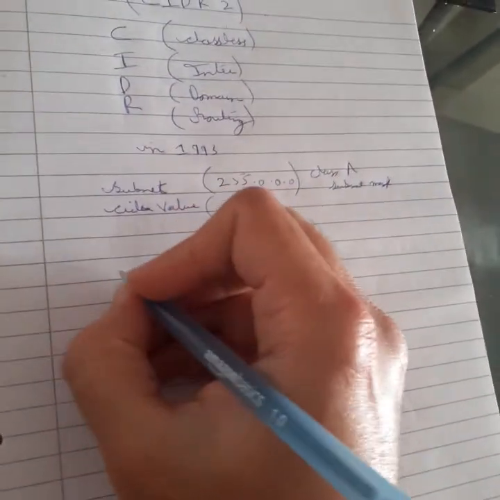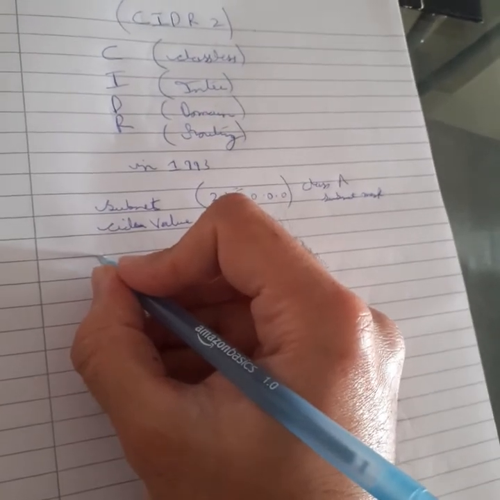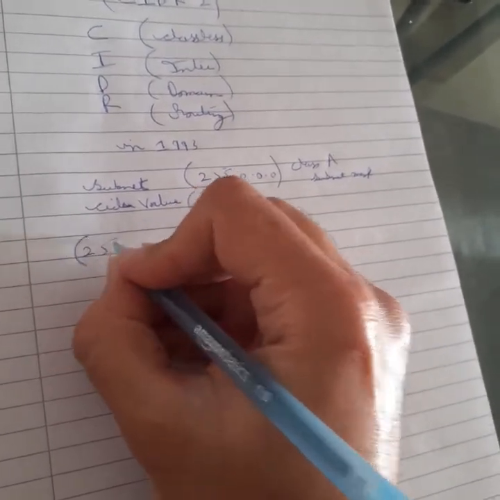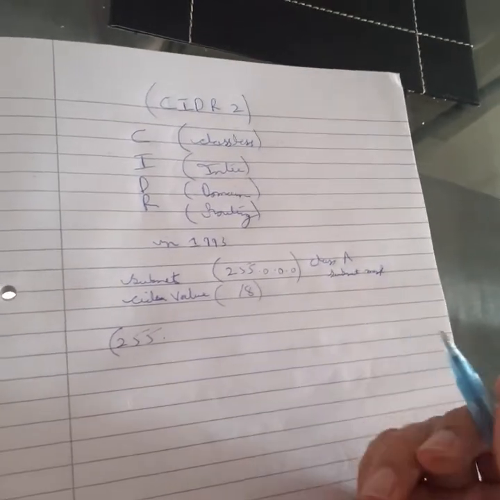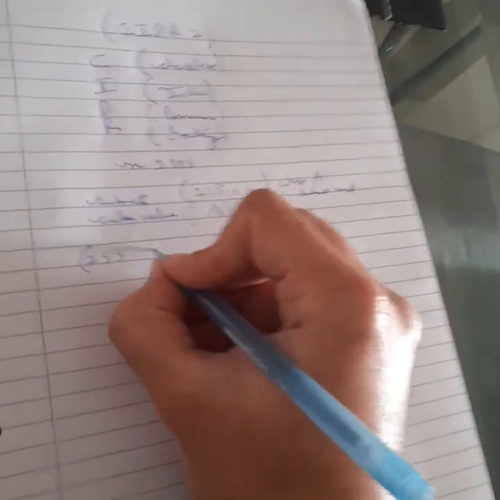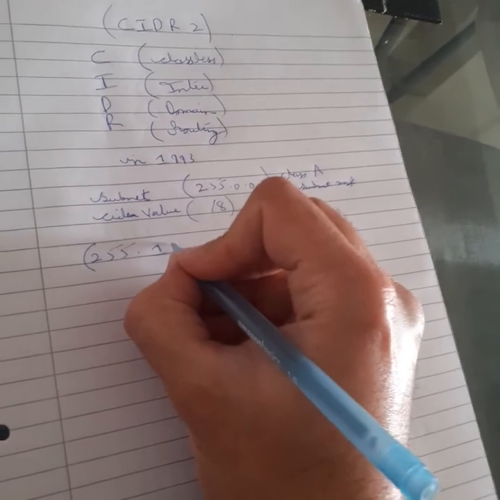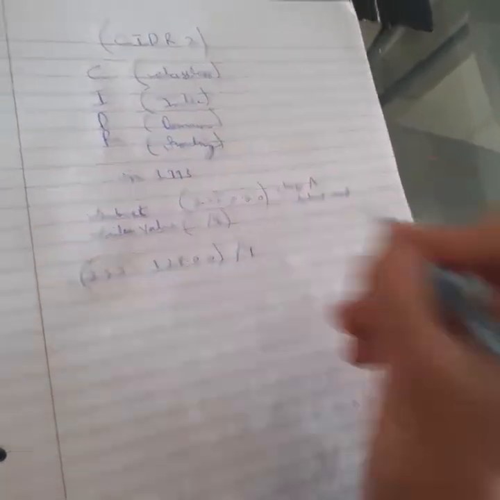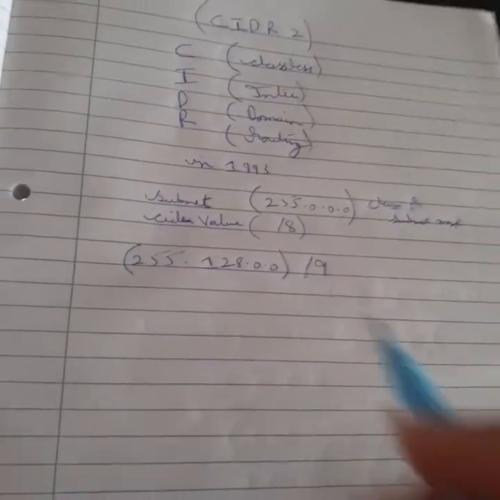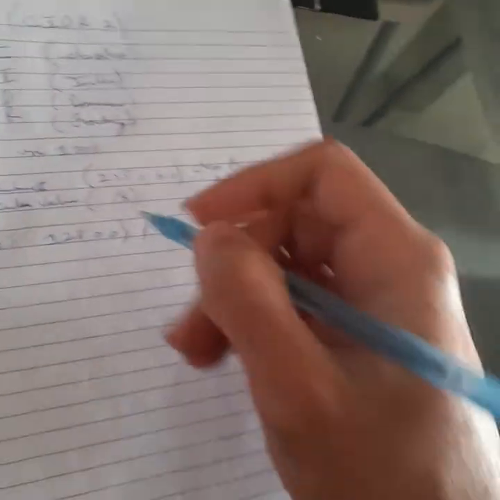Right, let's carry on to the next one. If I want /9, how will it be? There we go, that's the CIDR value /9.